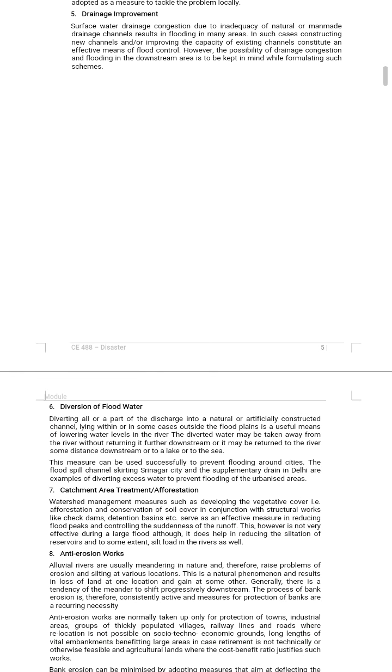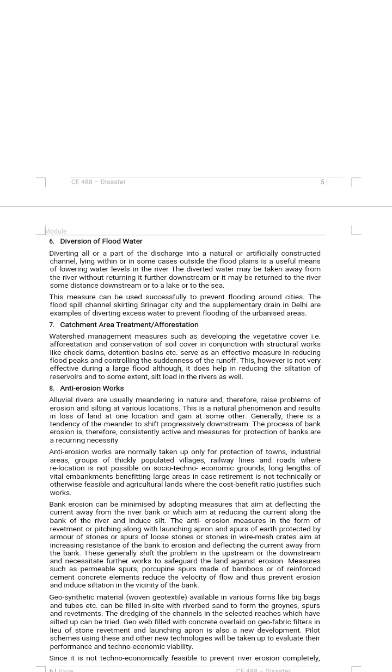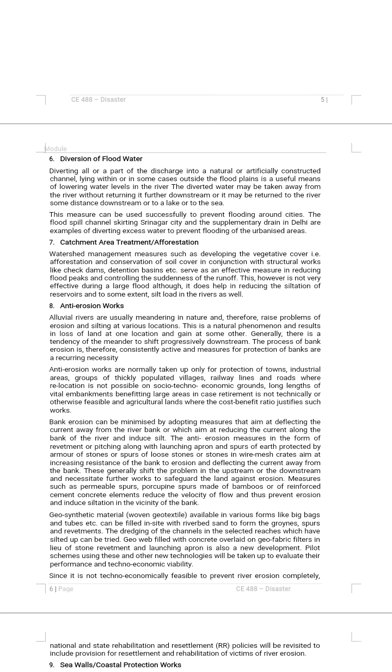So this is another reason. And then diversion of flood water: the extra amount of water which occurs is to be diverted and controlled, so that flooding on the land can be considerably reduced.